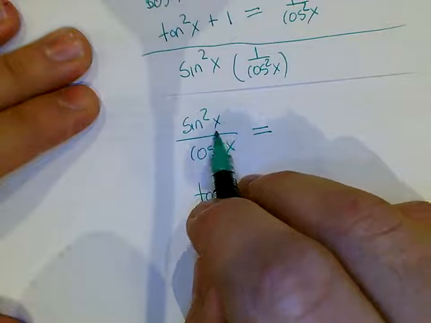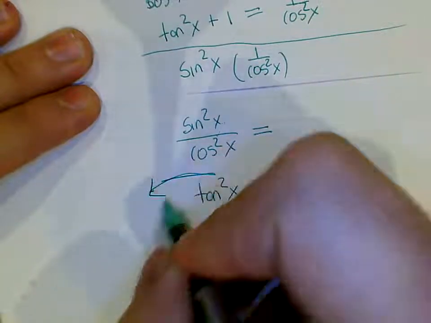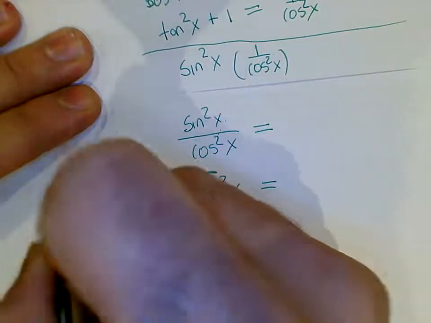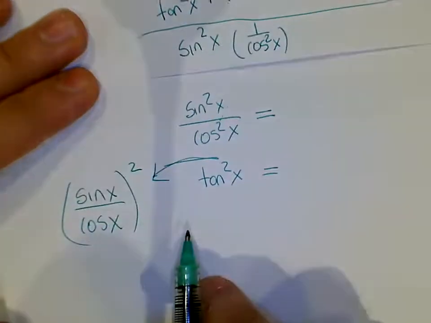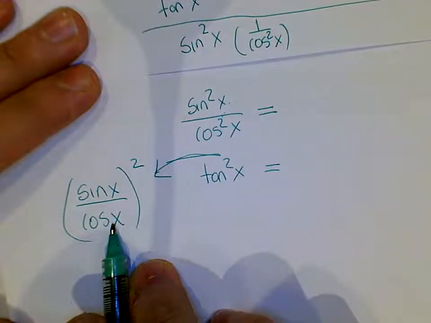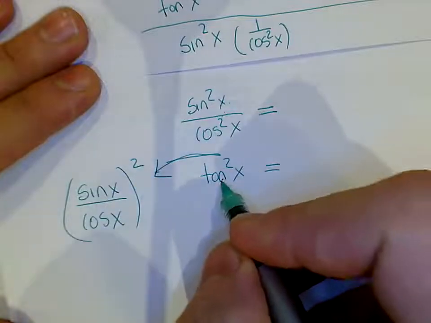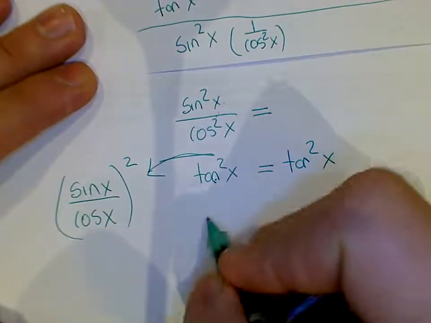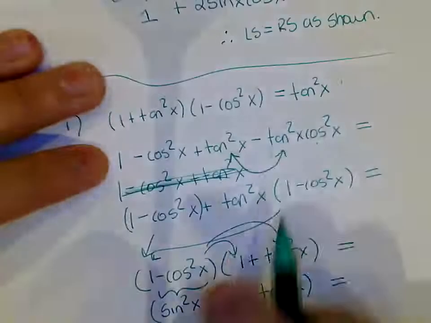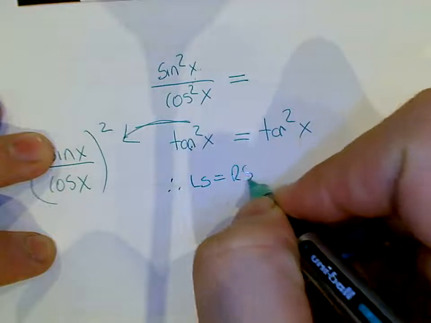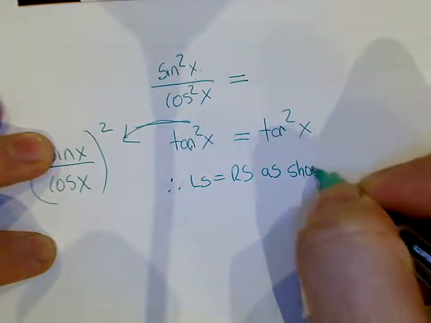Because think about it. There's an intermediate step here where you could just replace this as sine x over cos x and bring the exponent outside. And then you can replace sine x over cos x with tan x. Anyways, we get that the left side is equal to the right side, because that's what we started off with on the right side. And therefore, left side equals right side, as shown.